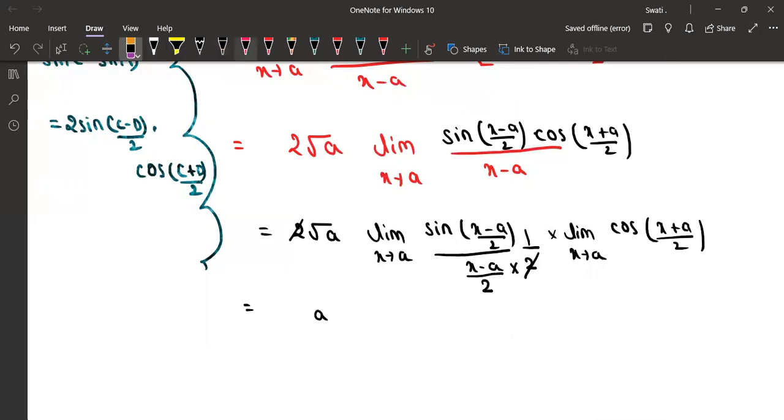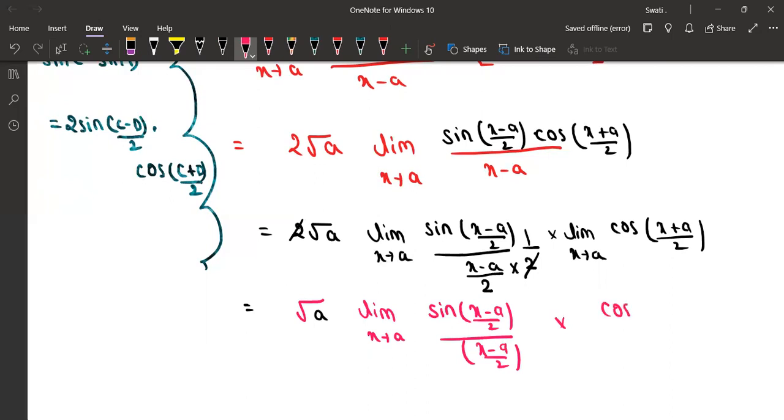Then limit x tends to a of sine x minus a over 2 upon x minus a over 2. And here I'll put the value of limit, cos of a plus a over 2, which becomes root a.